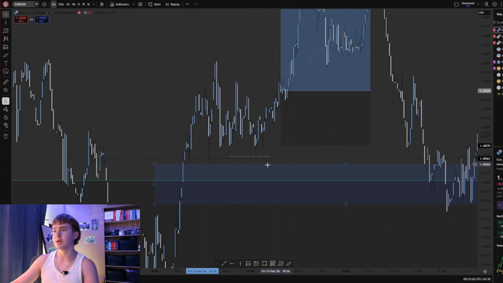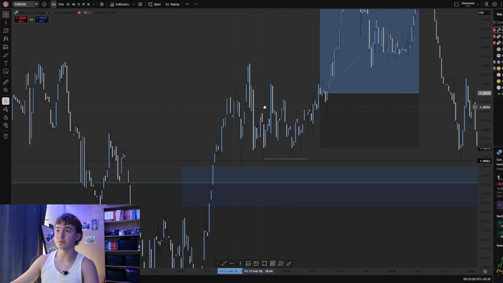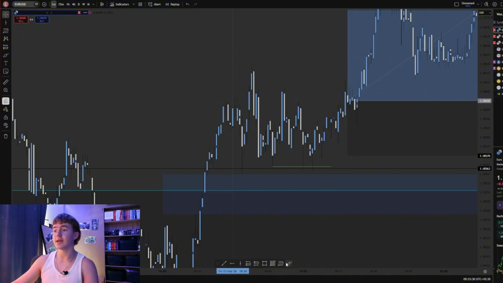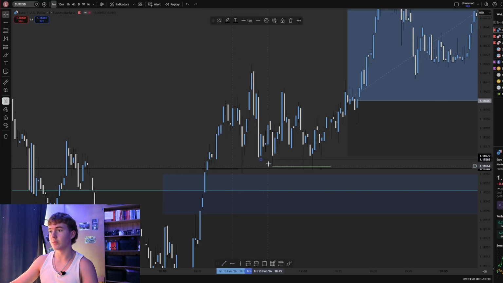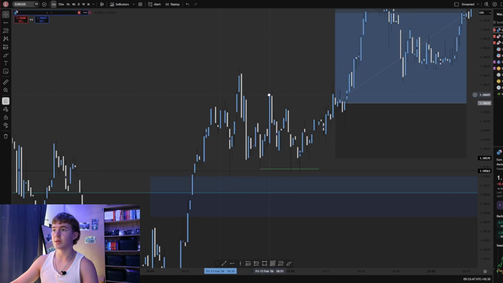And on here, I wanted a fair value gap retrace, which we didn't get. And the 1 minute was just consolidating. There's a couple of entries in here. I was going to enter off of a liquidity sweep and break structure, but then we just instantly started moving down. So I'm like, okay, I'll just wait this out.